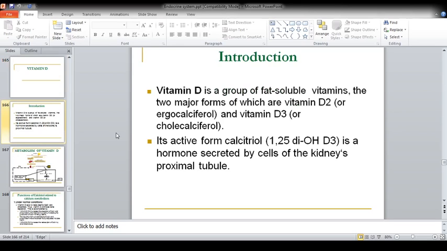There are two major forms: vitamin D2, which is also known as ergocalciferol, and vitamin D3, or cholecalciferol. The active form of these is calcitriol, that is 1,25 dihydroxy cholecalciferol. It is a hormone that is secreted by the cells of the kidney's proximal convoluted tubules.